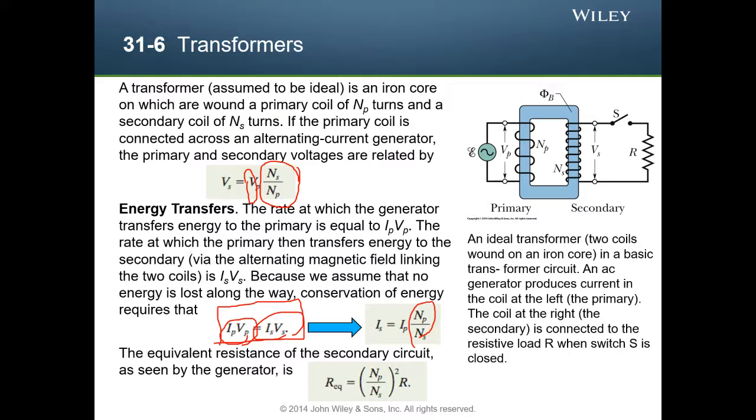So for voltage you multiply by this term, but for current you divide by the same term. So it's the reverse. So equivalently, the equivalent resistance is multiplied by the turn ratio squared. So if you see R here, the turn ratio squared times R will be the resistance you see at the primary.